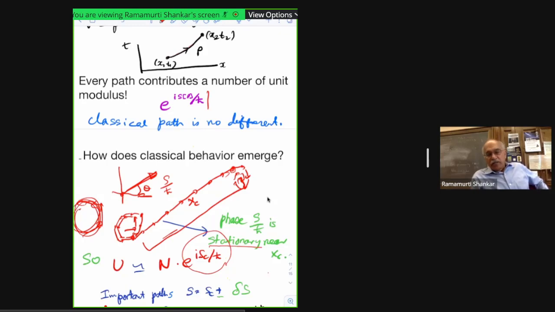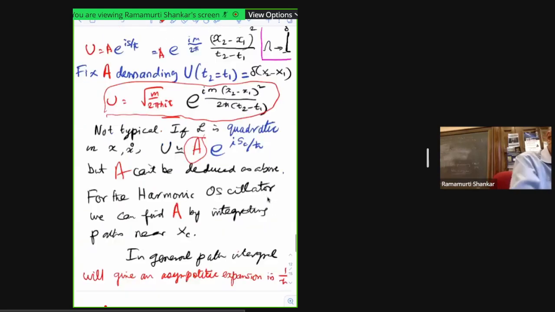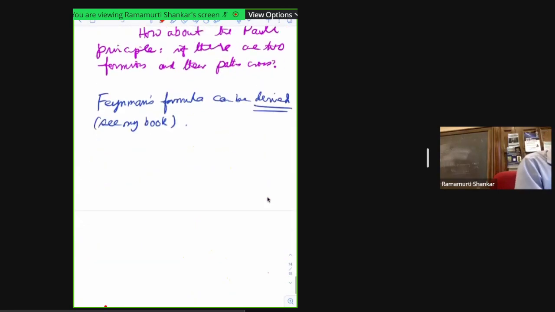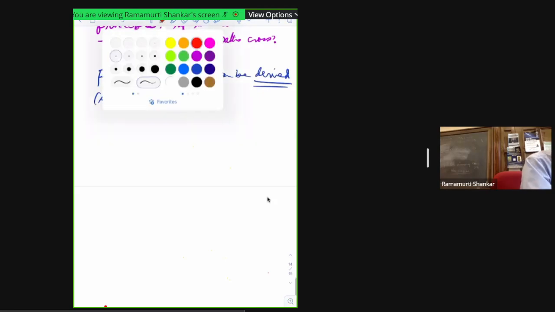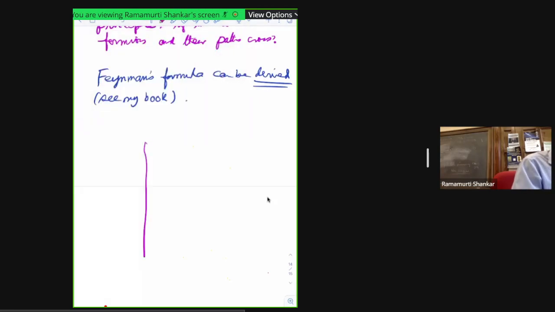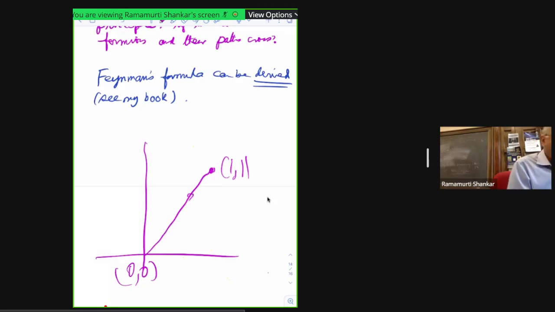For example, I give an example in my book. Suppose you want to go from 0,0 to 1,1 for a free particle. The classical trajectory is a straight line, which is x equal to t.